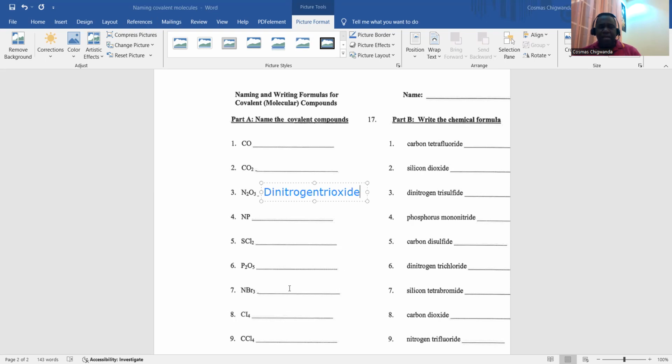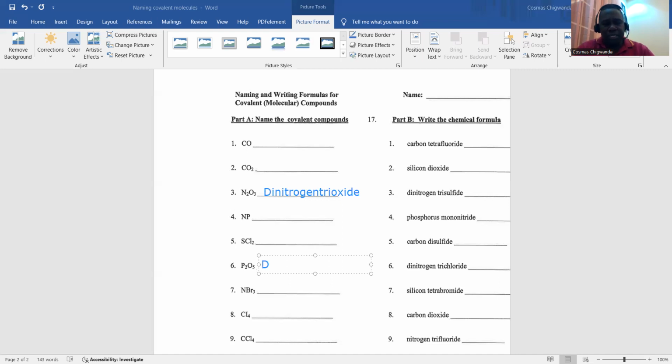If I look at this one, it's P2O5. I look at that one, phosphorus is further to the left. The rule is that name will not change. How many phosphorus do I have? I have two.